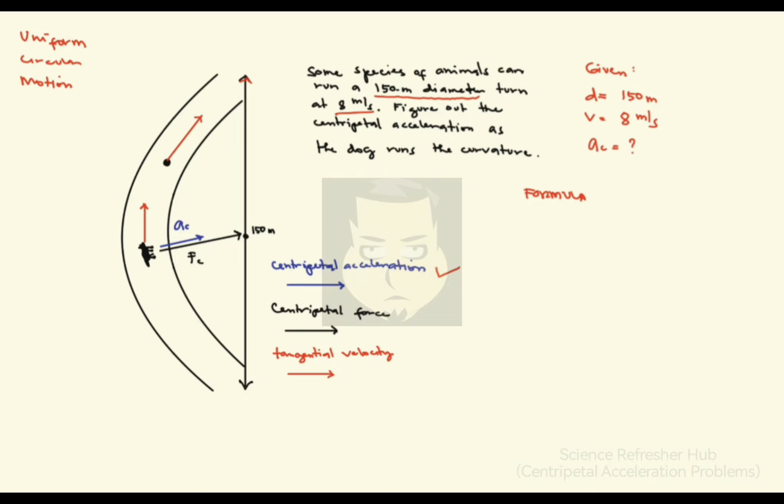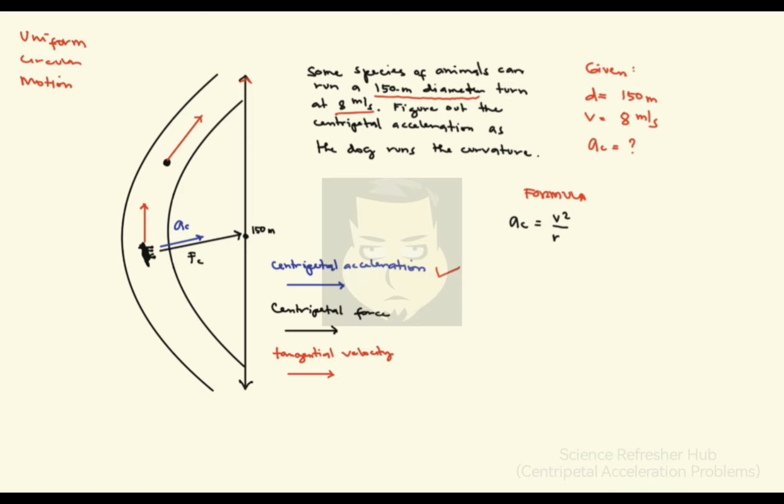I will be presenting to you now the formula to get the centripetal acceleration. So we have this formula. AC, that's our centripetal acceleration. That's equivalent to a very simple formula. All we have to do is divide the velocity squared over r, radius.